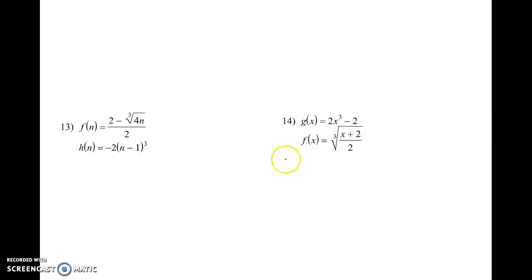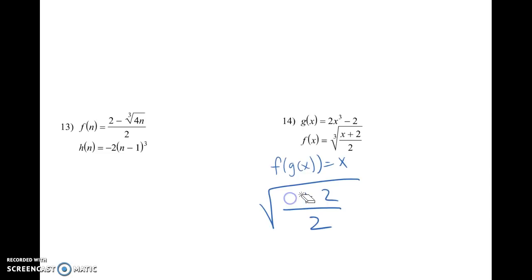So check if f of g of x equals x. Starting with function f, (x plus 2) over 2, but I'm not plugging in x, I'm plugging in the whole function g, which is this, 2x cubed minus 2.